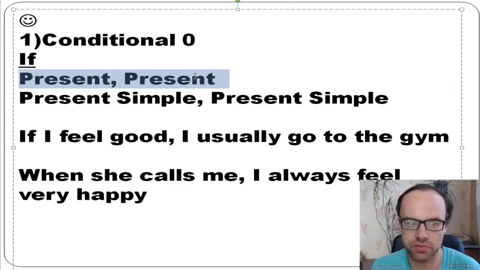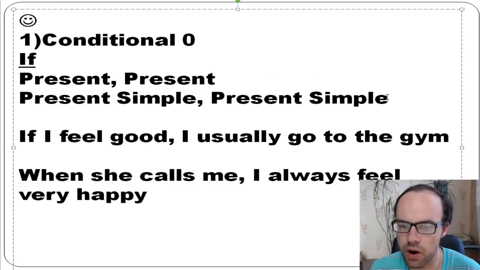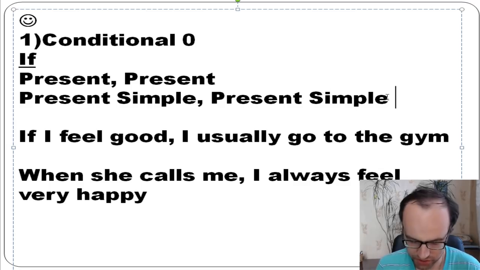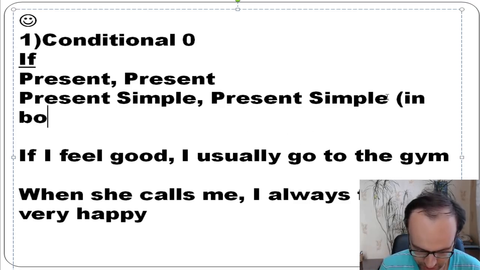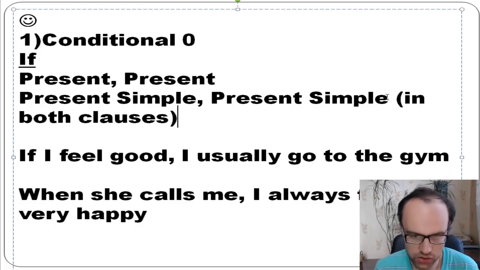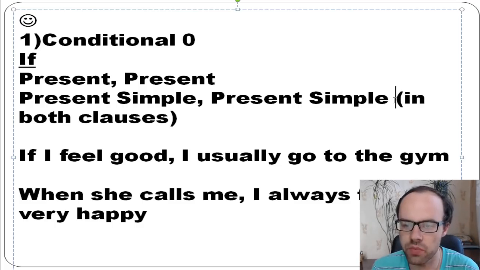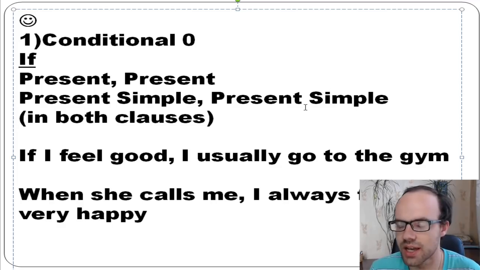We use present simple and present simple in both parts of the sentence, or in both clauses, or we also call it parts. Okay, let me give you an example.